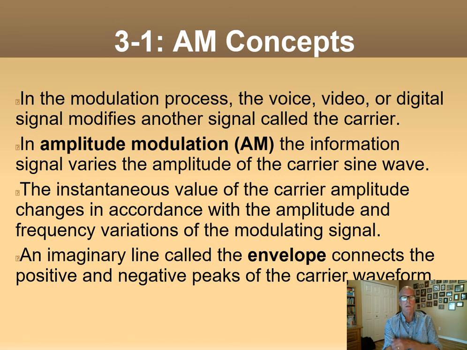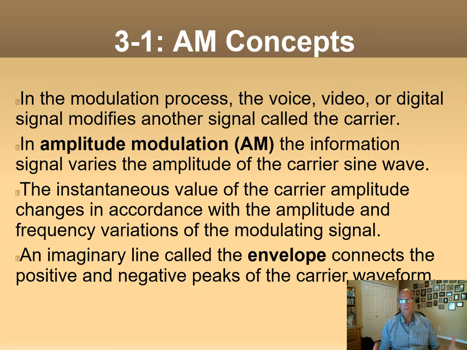AM is a process of adjusting or modulating the carrier signal, which is the signal that you actually tune to on your radio, and it changes the amplitude or the intensity of that waveform with the modulated signal. The modulation signal, of course, is the voice, somebody talking, or music, or something like that.